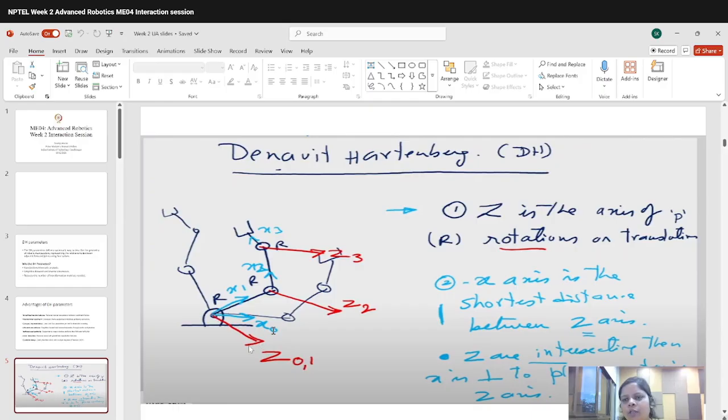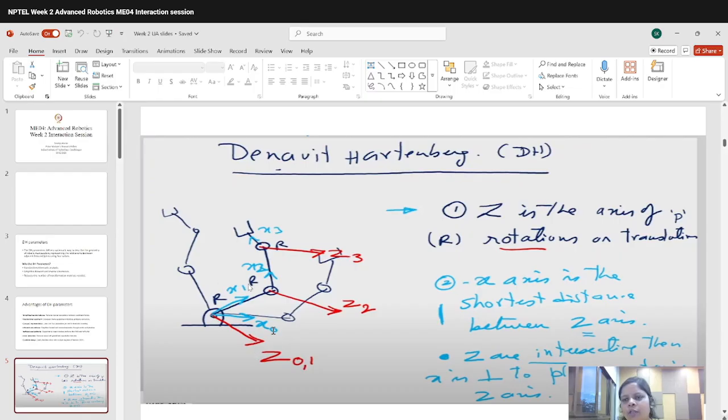In the world frame, we have z0, which is fixed, and x0 is pointing in some arbitrary direction. Now for this first joint, we have x1 in the direction of the link between the two revolute joints and z1 in the direction of z0.